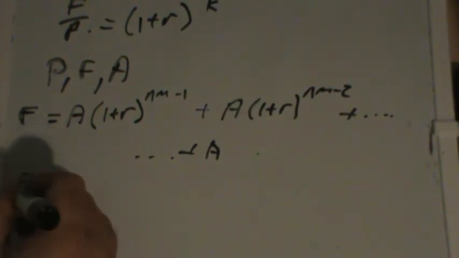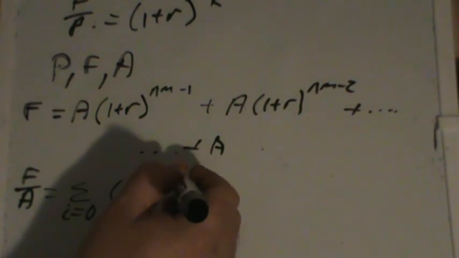So I am finding here F over A. If I take this and I divide by A, I get the future worth of my annuities, and that's equal to the sum of all of these. Well, that's the sum from some i, and now we've got to see what am I running from? Well, I'm running from 0, the last one, because I'm doing (1 + r) to the power of whatever this i is.